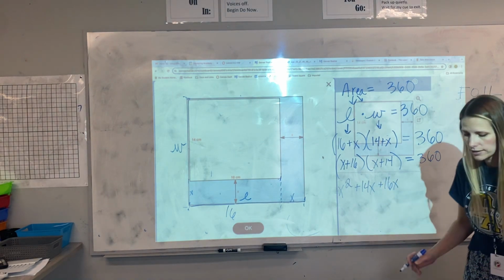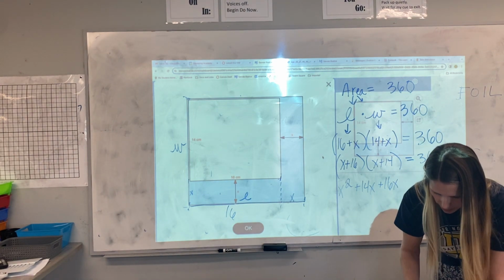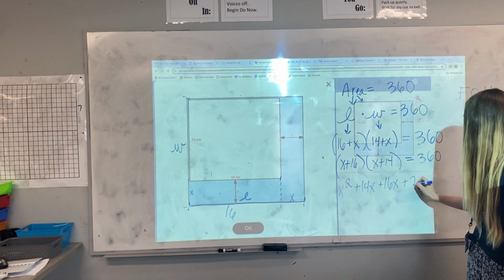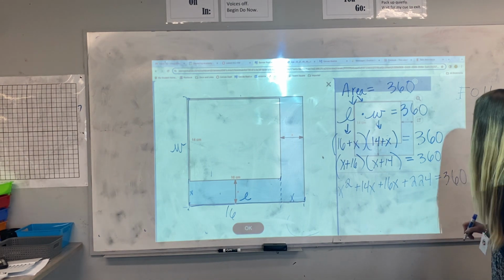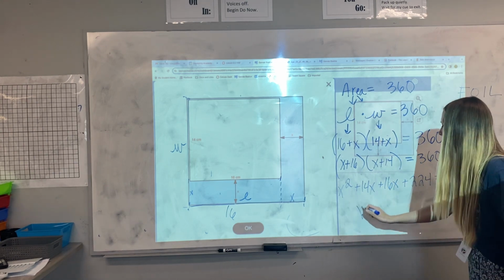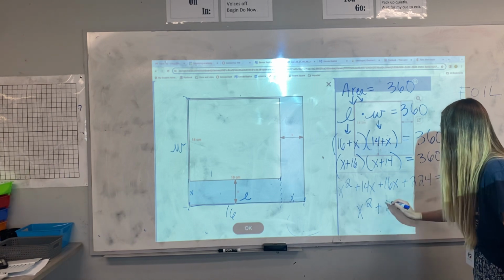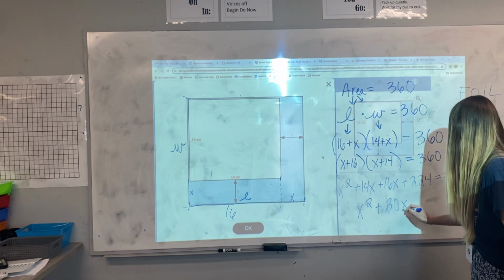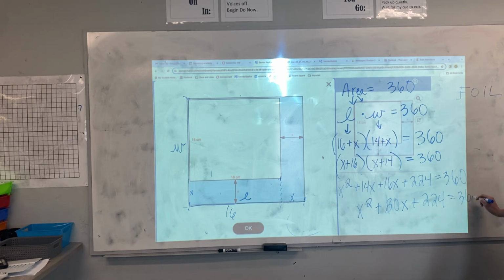And then calculator: 16 times 14 equals 224. Positive 224 equals 360. But there's a problem here. Well, these can be combined. We'll simplify that: x squared plus 30x plus 224 equals 360.